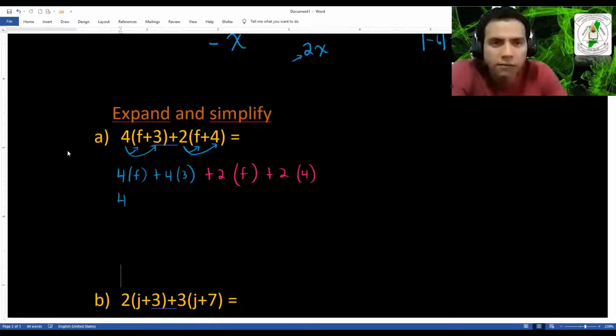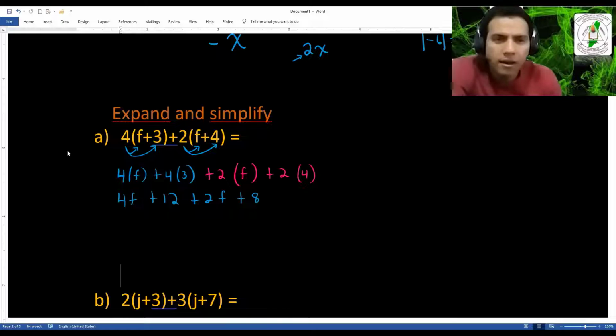4 times f is 4f, plus 4 times 3 is 12, plus 2 times f is plus 2f, and plus 2 times 4 is 8. Okay, now remember what we just mentioned for simplifying. You can add and subtract like terms only.